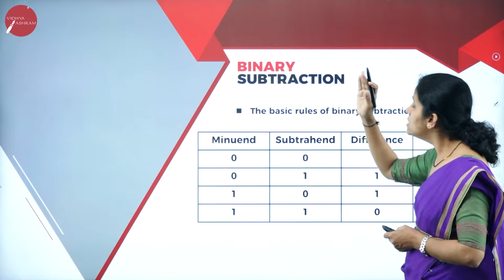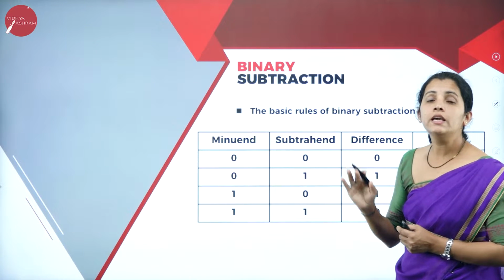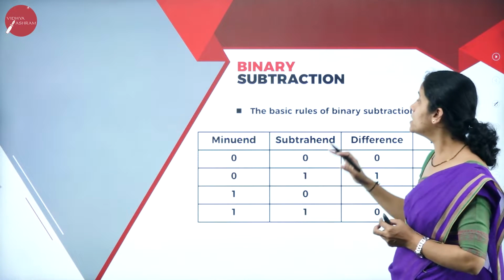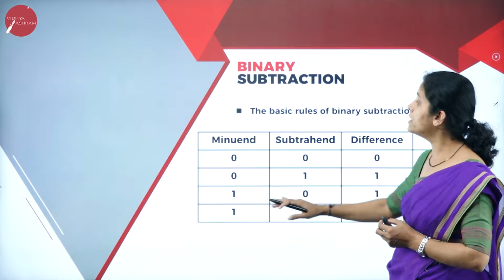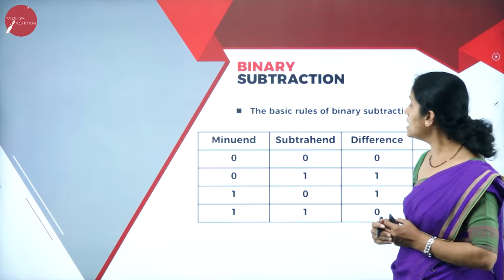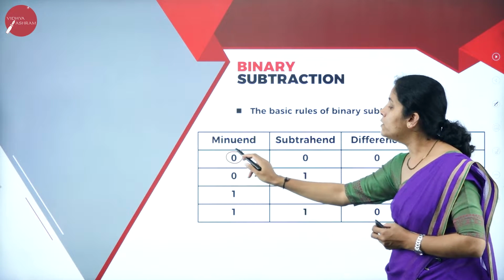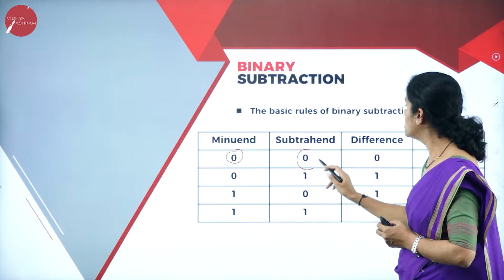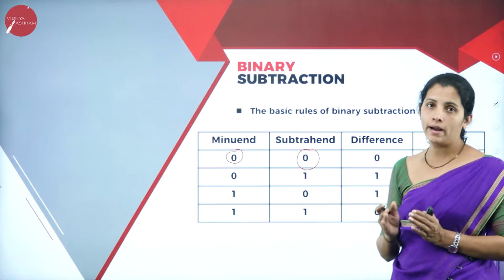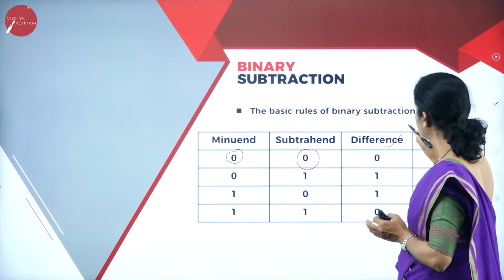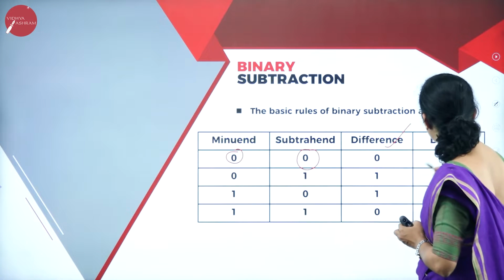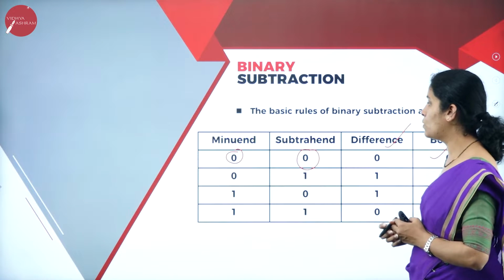This table gives the complete basic rule. I'm having the minuend as well as the subtrahend. So 0 minus 0, the difference is 0 and borrow is 0.